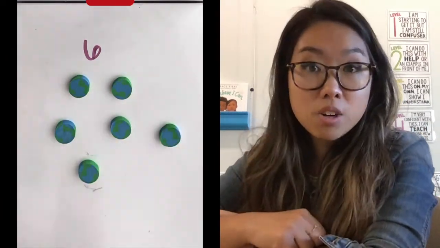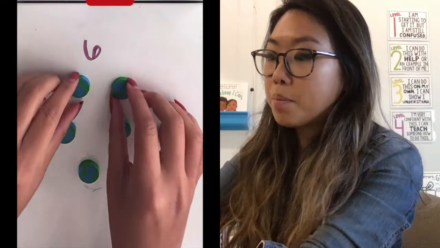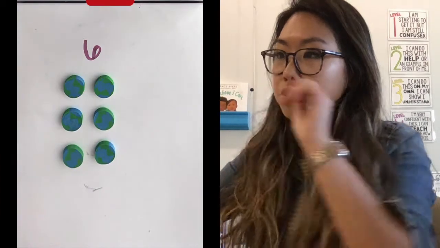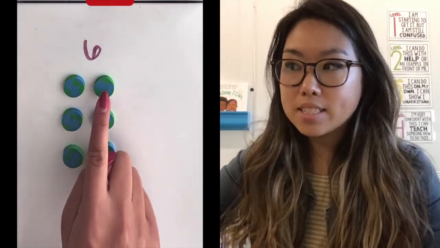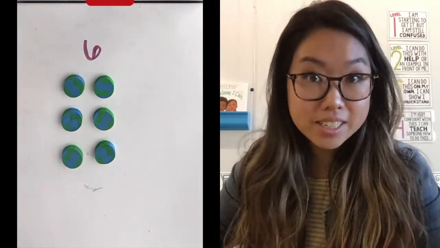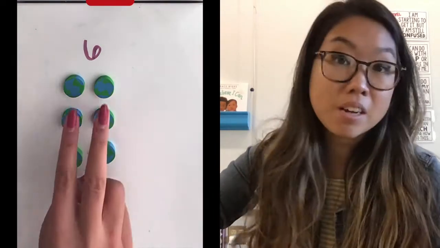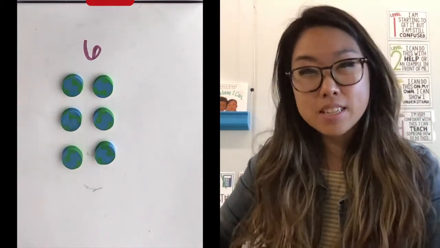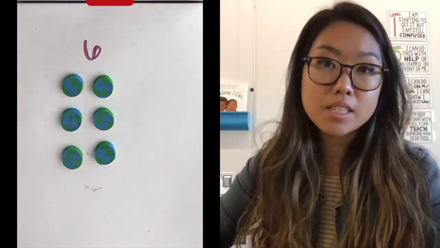One way I can organize these is by putting them in partners like this. You can see each one has a partner, someone to hang out with. That means this number is even, because I can skip count as well. 2, 4, 6. If you can skip count by 2, that means the number is even.